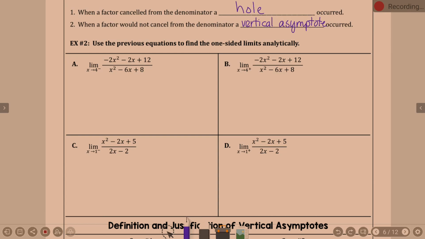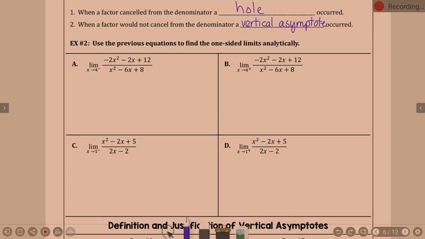So, the limit as x approaches 4 from the left. First we need to factor the top and the bottom again. Yeah, we should do some factoring.